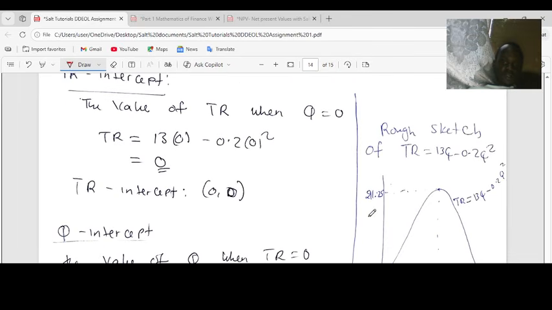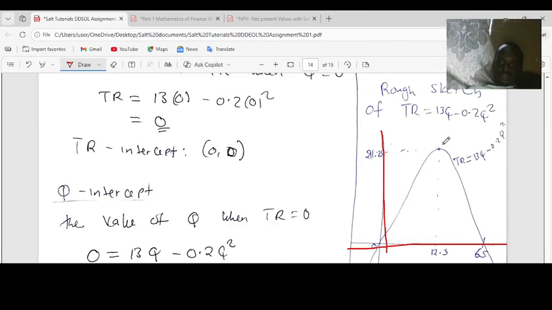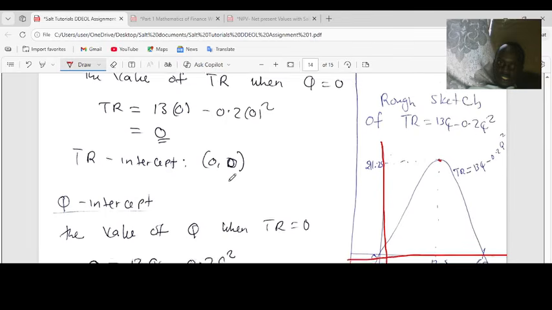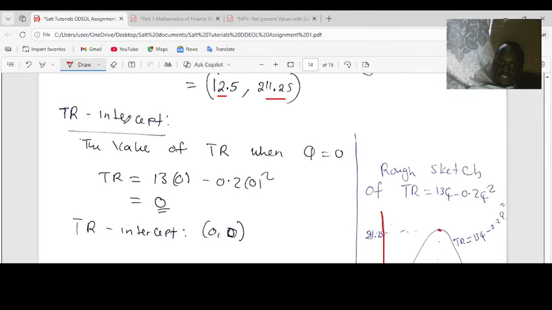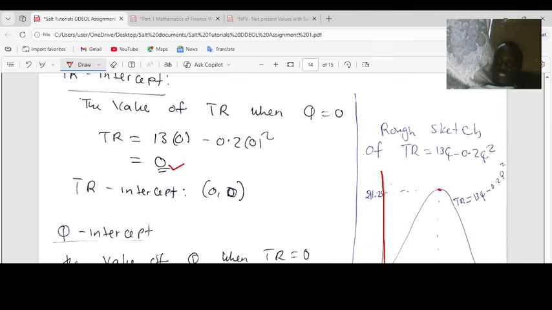Remember, there is the TR this side and there is the Q this side. There is a turning point here which we found, and where it's crossing the y-axis, it is at 0. When Q is 0, TR will be equal to 0. Just replace Q with 0 in TR, and you find that it is passing through 0, 0 there.